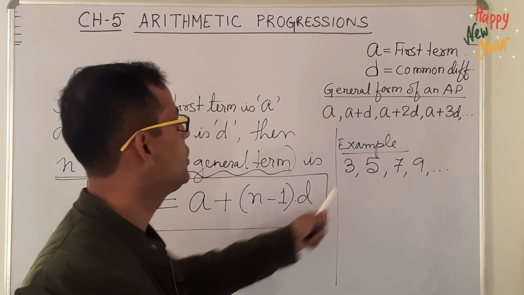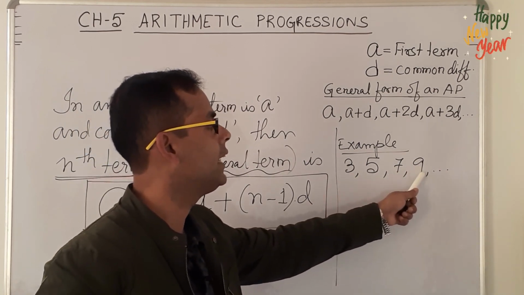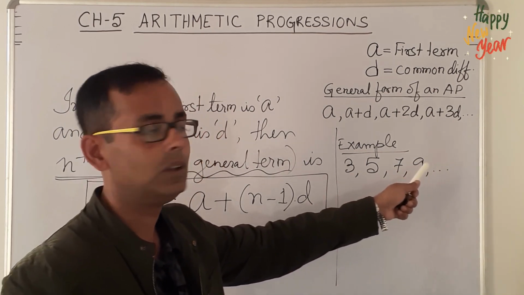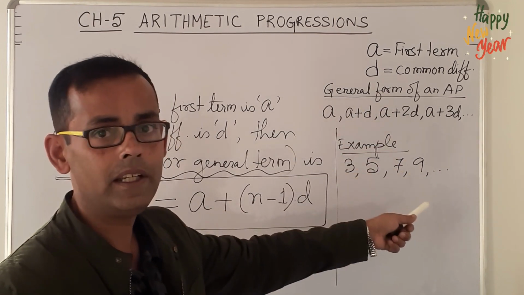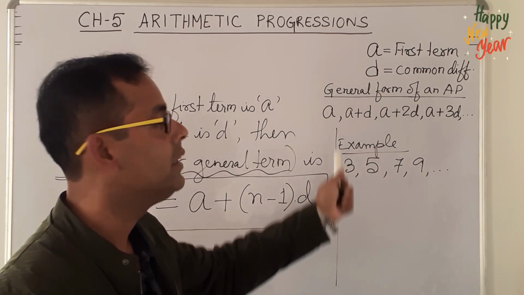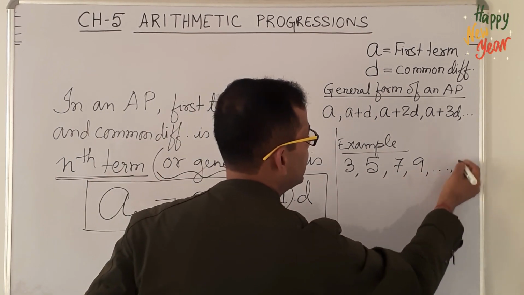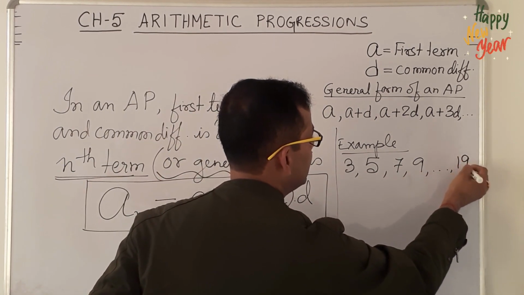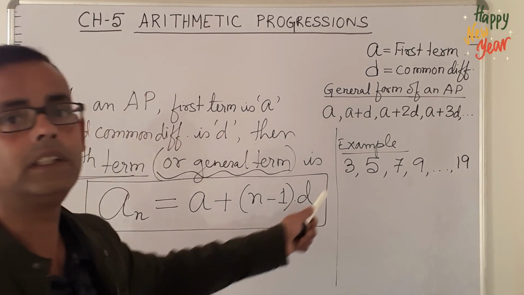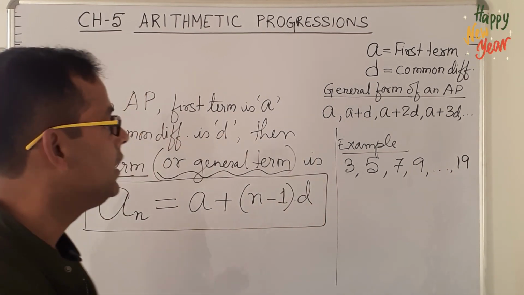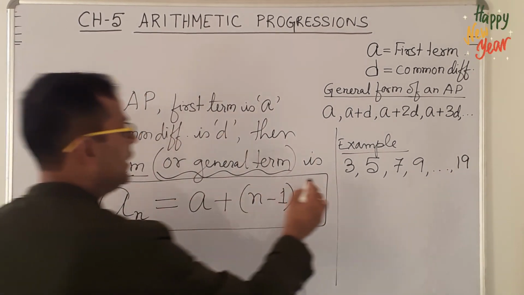Clear? So 3, 5, 7, 9, 11, then 13, then 15, then 17, then 19. Suppose it finishes in 19. Now see, understand nicely.